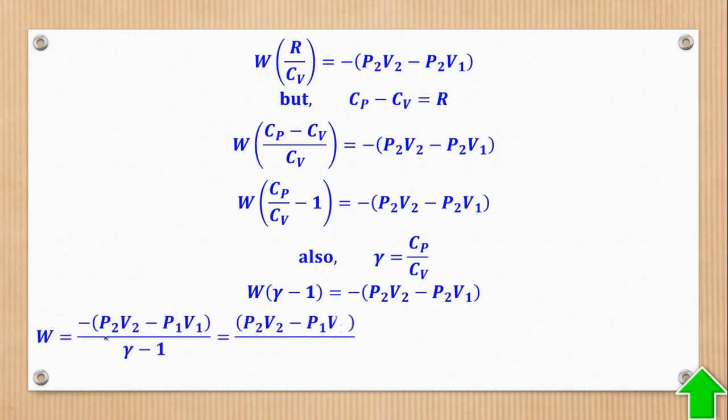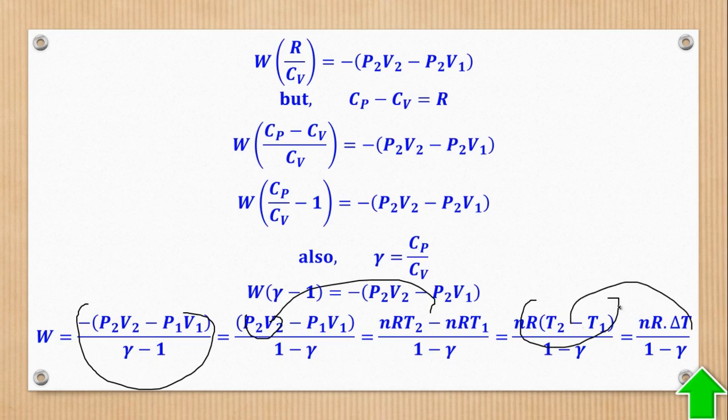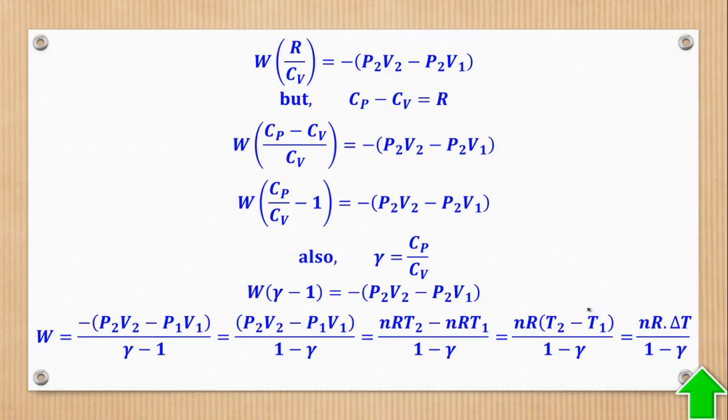So making W the subject, I'll come up with this, and I can replace PV with nRT to come up with this. Then in the end, this denotes change in temperature. So this formula is when temperature is not given.